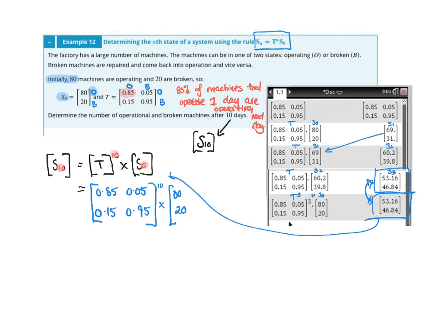Be careful, once again, the order has to be the same, and just to have a look, your transitions should add up to 1, which they do. That's just to make sure it is correct, because you can only use this rule if it is a transition matrix. If it didn't add up to 1, we shouldn't be doing this rule.